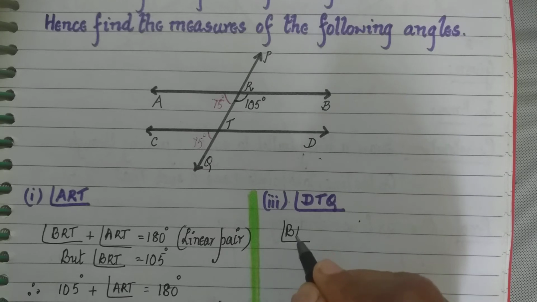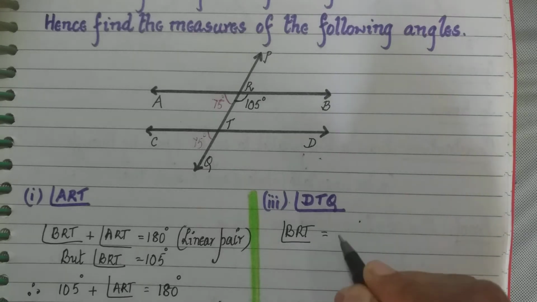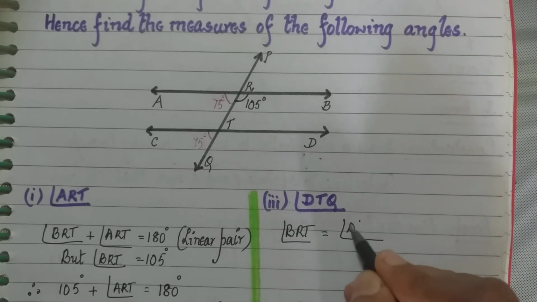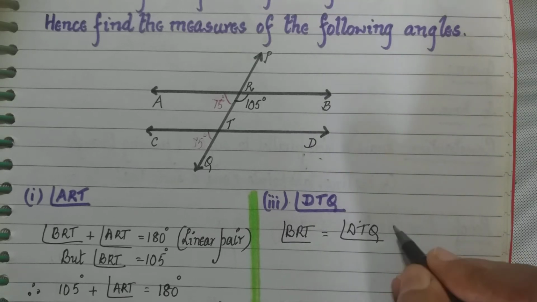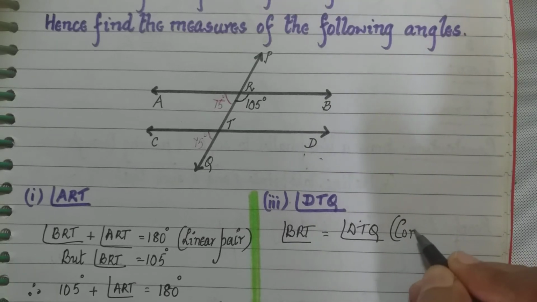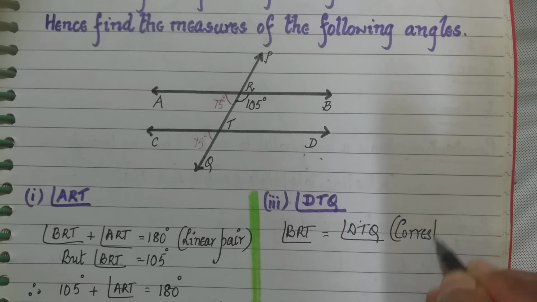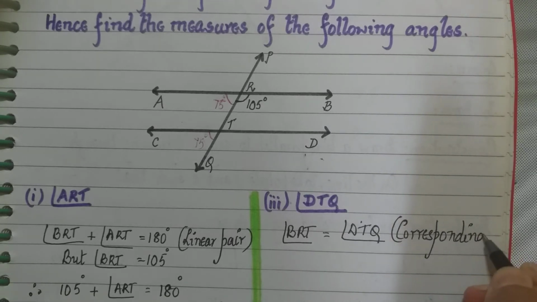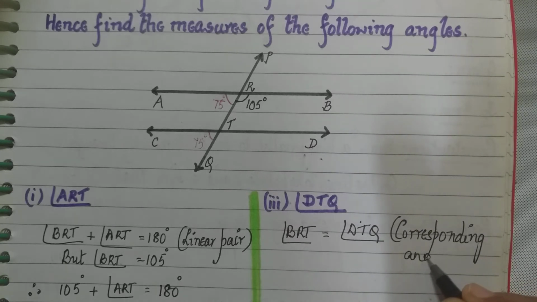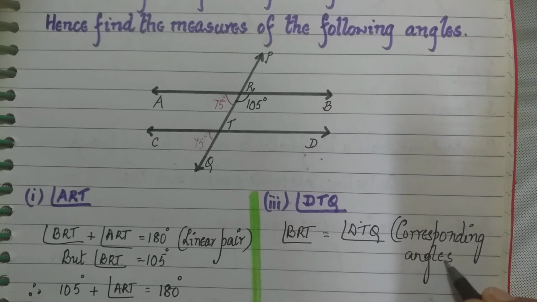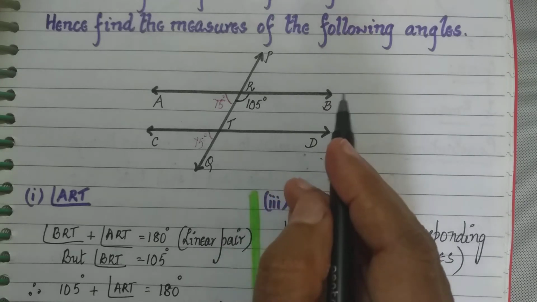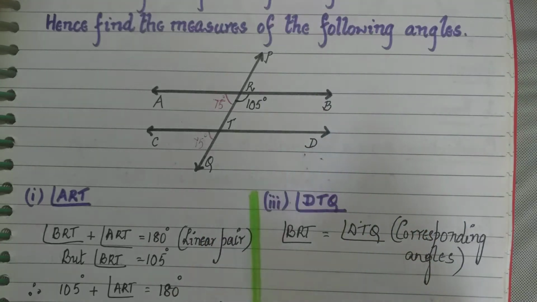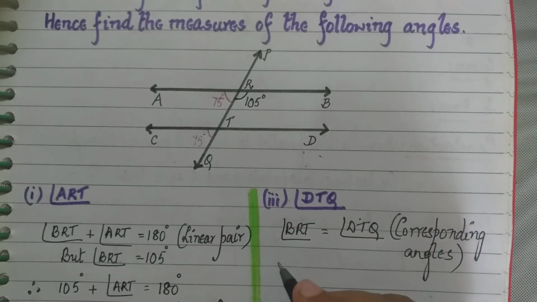Angle BRT is equal to angle DTQ. What is the reason? They form corresponding angles. But the measure of angle BRT is 105 degrees.